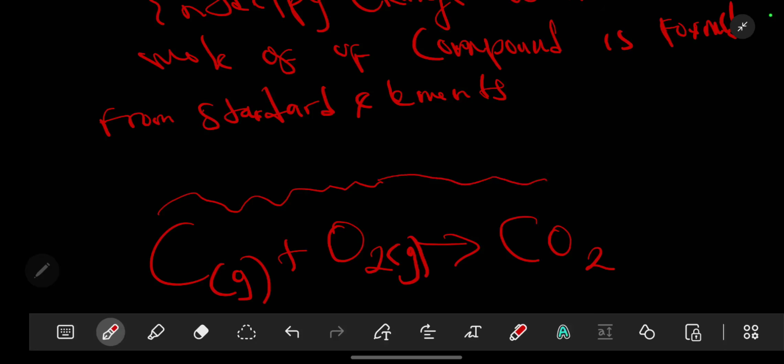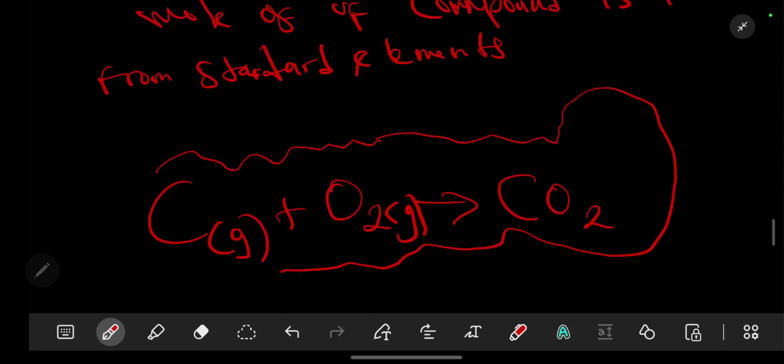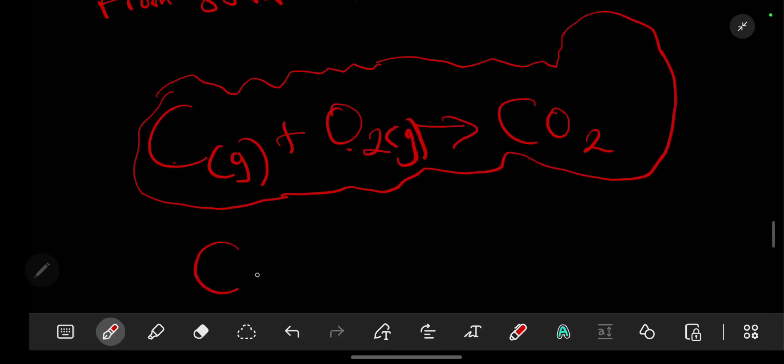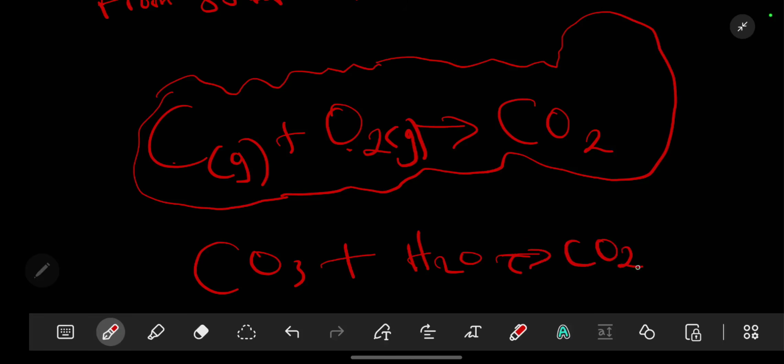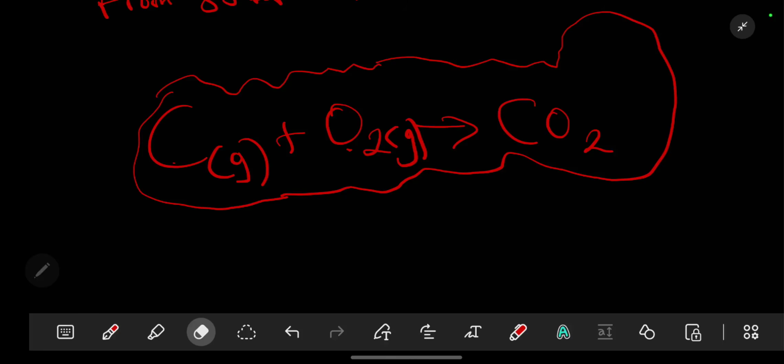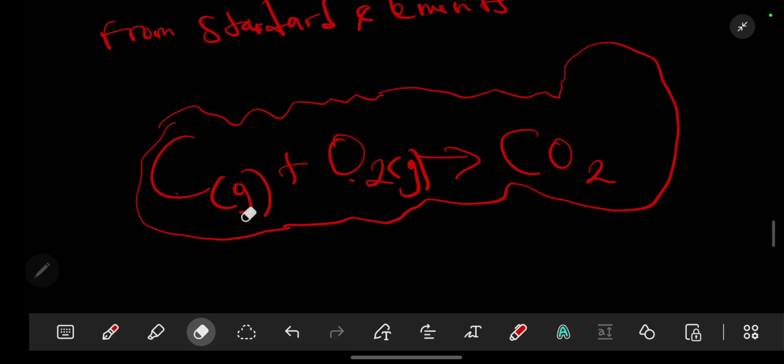It is when one mole of a substance is formed from its constituent elements. So the elements are carbon and oxygen. If you are looking at, let's say, carbonate plus another thing to produce carbon dioxide, this is not the standard enthalpy of formation, because in its standard form, carbon will exist not even as a gas, but as a solid, which is graphite, naturally.